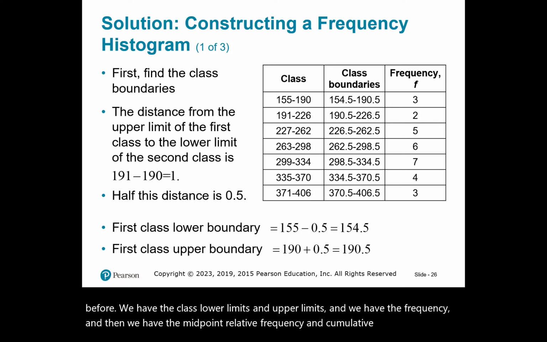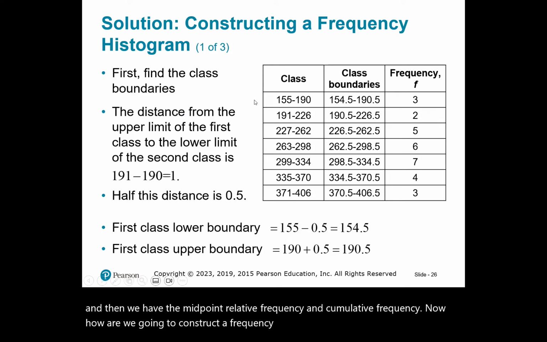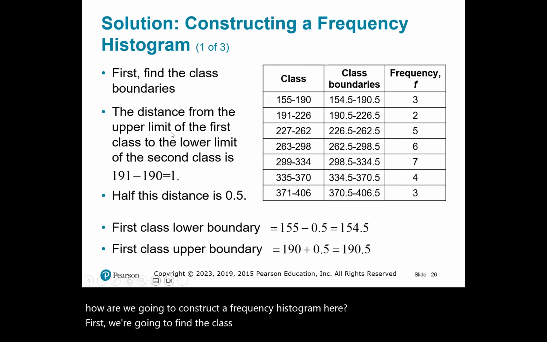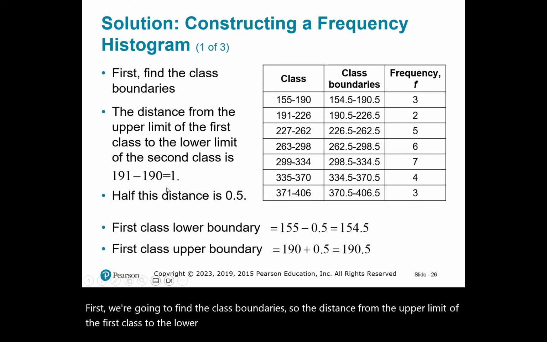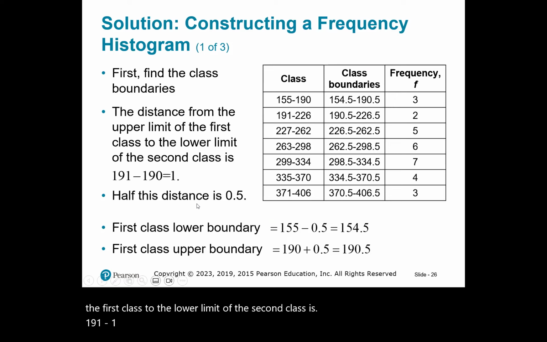Now, how are we going to construct a frequency histogram here? First, we're going to find the class boundaries. So the distance from the upper limit of the first class to the lower limit of the second class is 191 minus 190, which is 1, and half of this distance is 0.5.